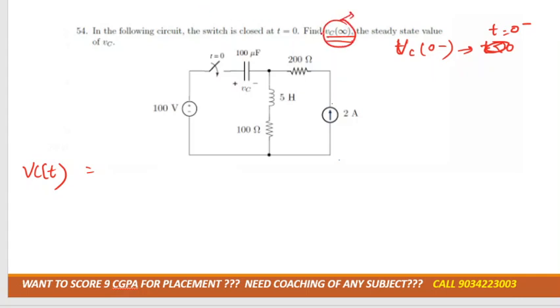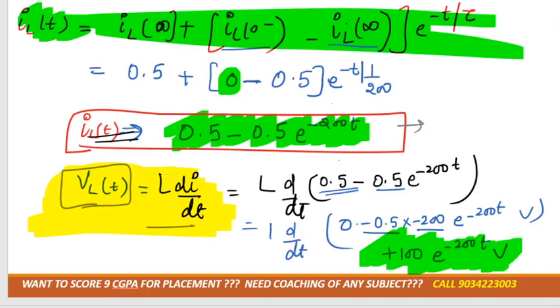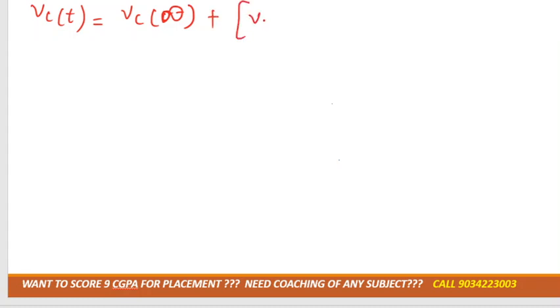We need to put time as infinity here. Yeah, we'll use it. Tell me, what is the formula for VC of t? VC of infinity plus VC of 0 minus VC of infinity times e raised to power minus t over tau, right?